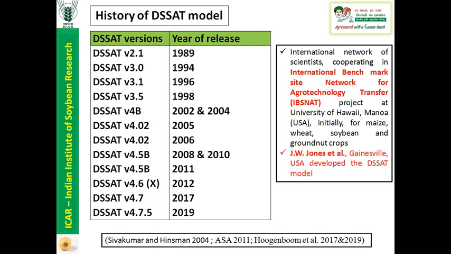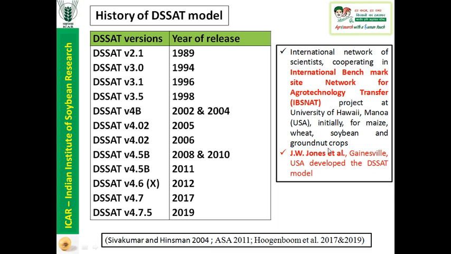Next, coming to the brief history of this DSSAT model. Before the development of DSSAT, during the 1980s, there were individual crop models. For example, for cereals the CERES model was there, for soybean SOYGRO, and for groundnut the PNUTGRO model.